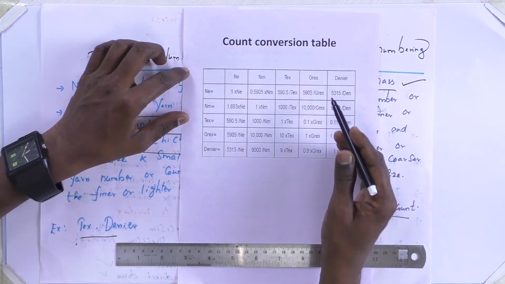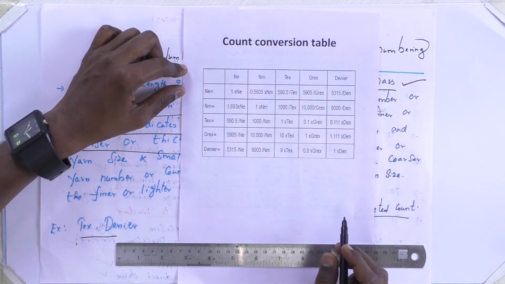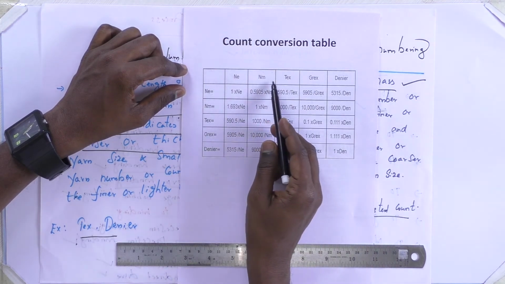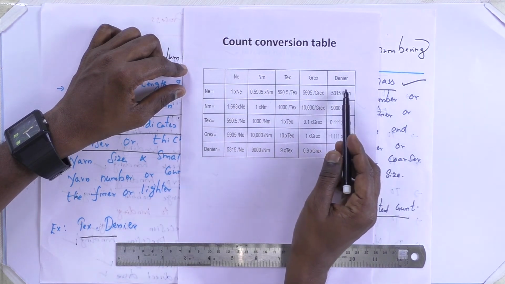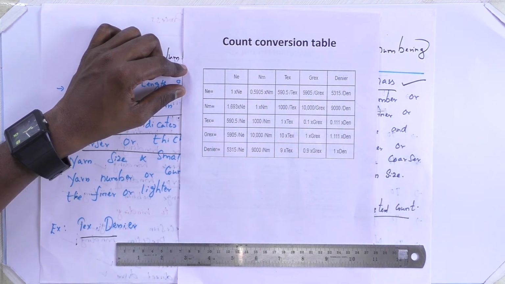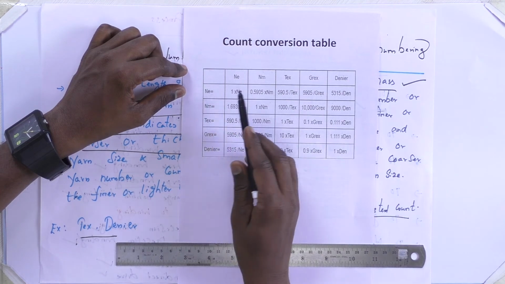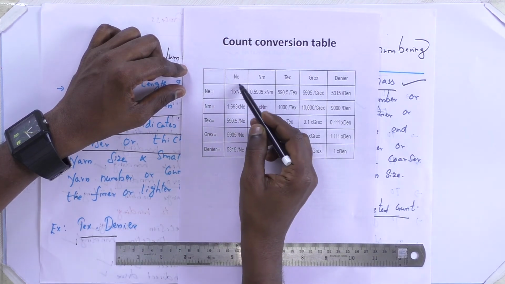This is a conversion table for converting one count to another count. For example, NE to Tex or NE to Denier, we can use this conversion table. For example, for converting to NE, here NE is available.